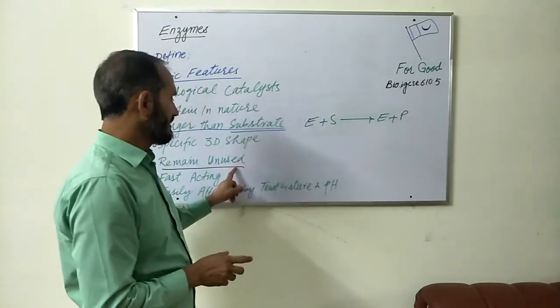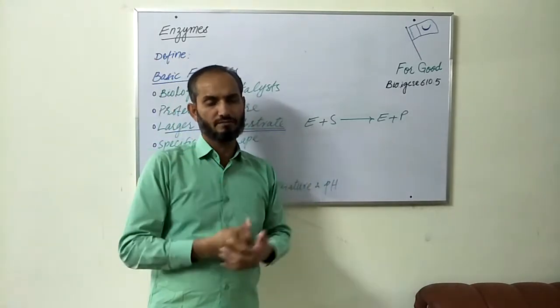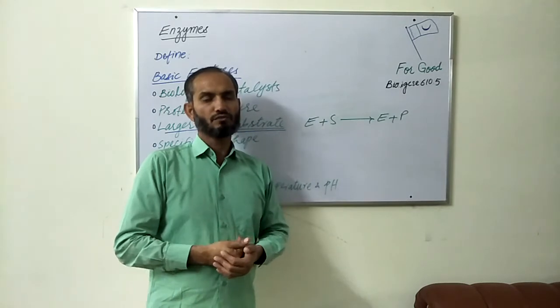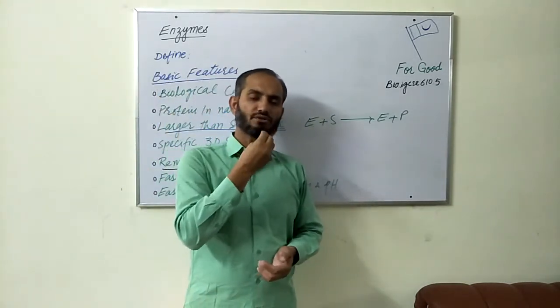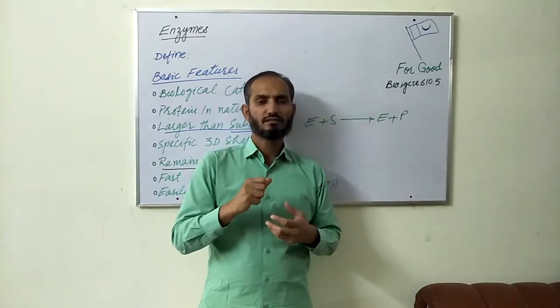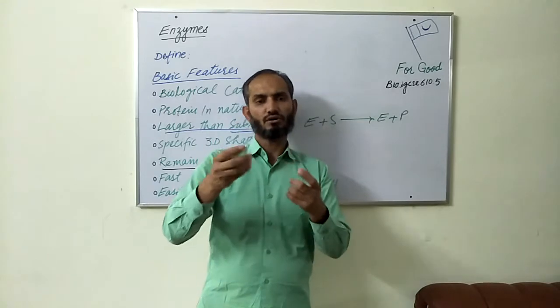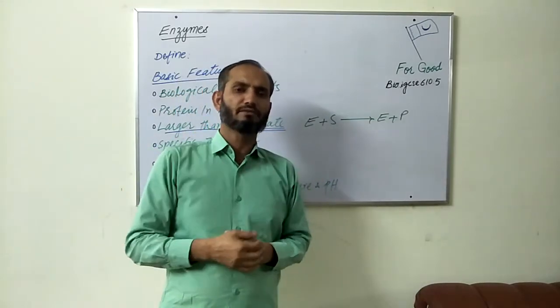What does it mean? That enzymes can be used again and again. Say for example, if there is a little saliva secreted in your mouth and you are chewing a loaf, a bite for 30 seconds or for 40 seconds, this enzyme will go on working repeatedly.